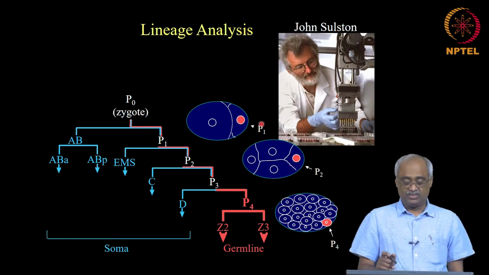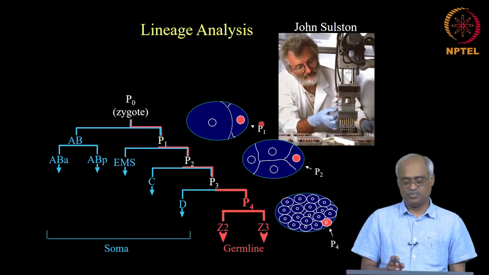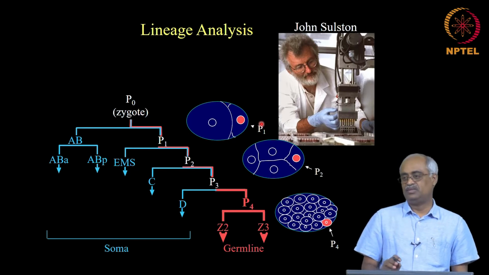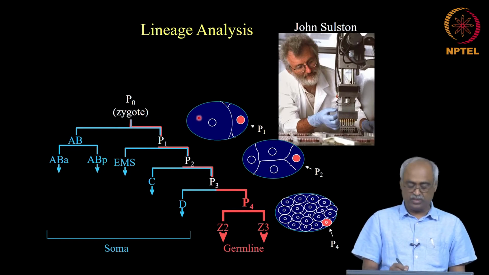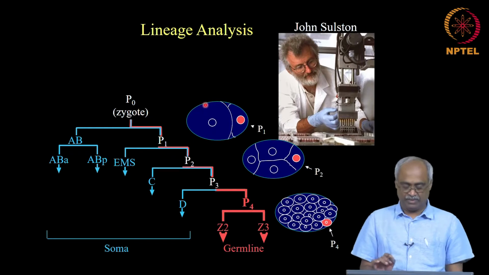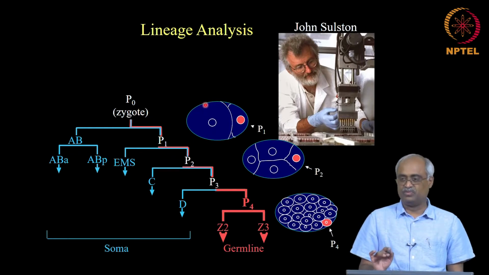Some of the cytoplasmic components get segregated during this process to the posterior cytoplasm of P0, and therefore they are inherited only in P1 and not in AB, and vice versa as well. So that happens there itself, but today that is not our focus.